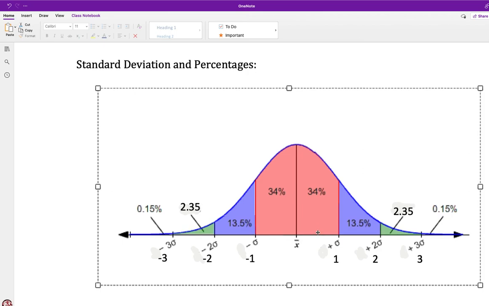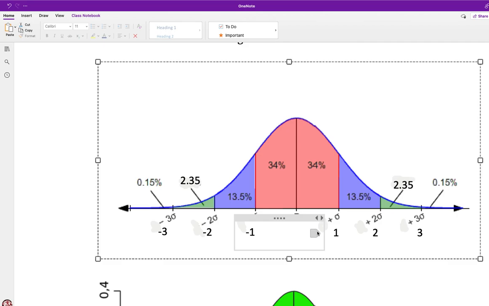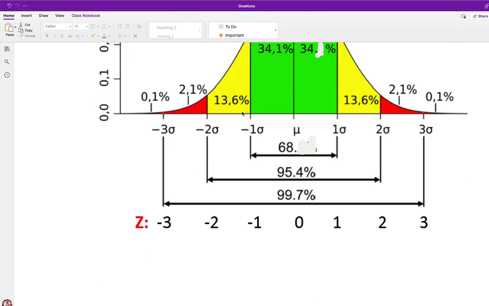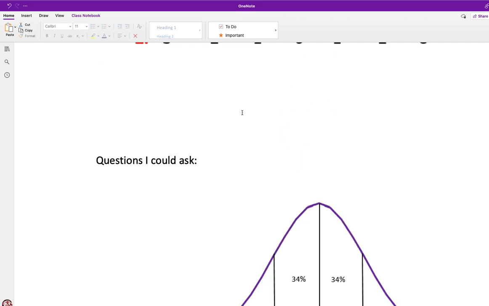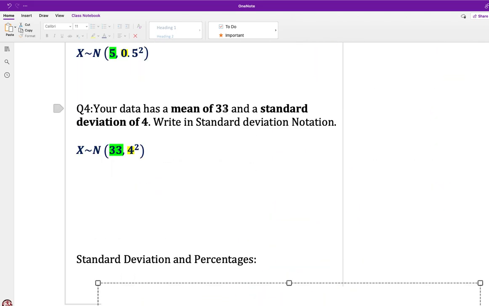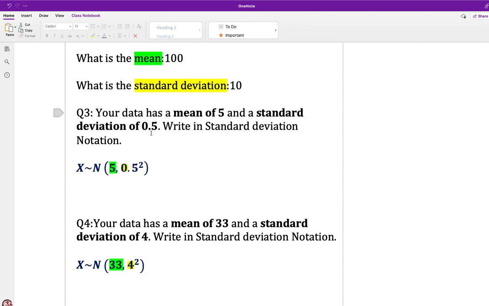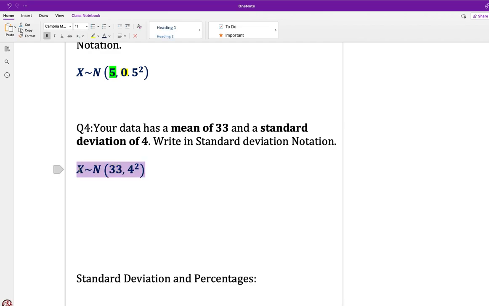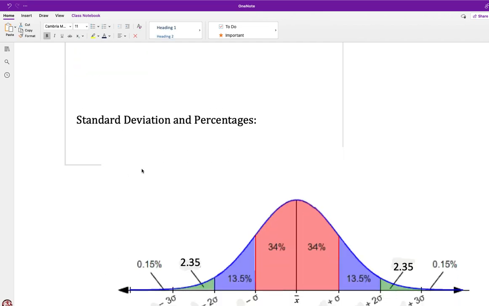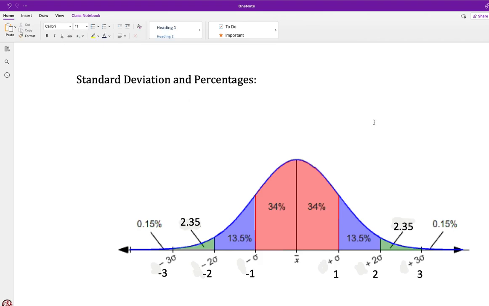Okay, you should be back from your pause now. Let's grab a simple one. So let's say I have this information: a mean of 33 and a standard deviation of 4. The mean goes in the middle, right here, so 33 goes in the middle.